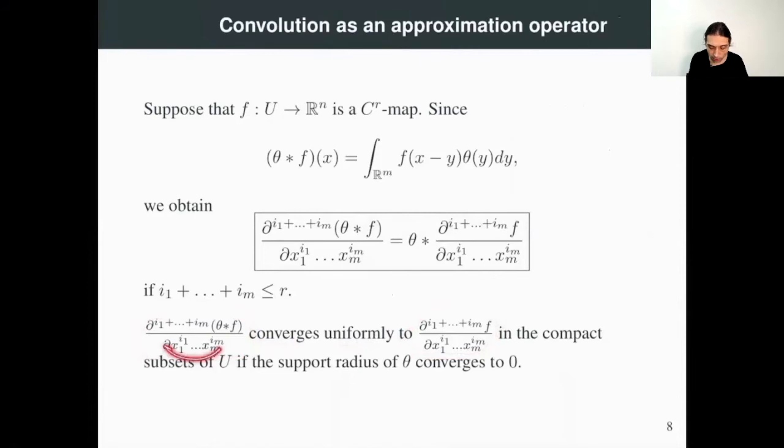We are talking about uniform convergence when the support radius of theta converges to 0. For instance, let us consider this with C0. Let's see that the convolution of theta and f converges uniformly to f in compact subsets of U.